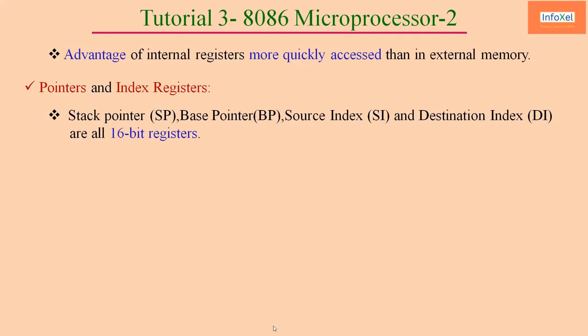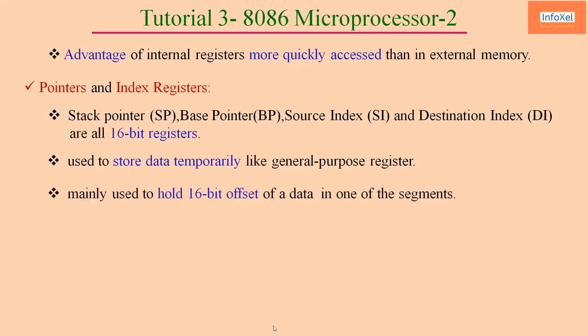All these are 16-bit registers which are used to store or hold 16-bit data temporarily, like general purpose registers. These pointers and index registers are mainly used to hold the 16-bit offset address of data in one of the segments.